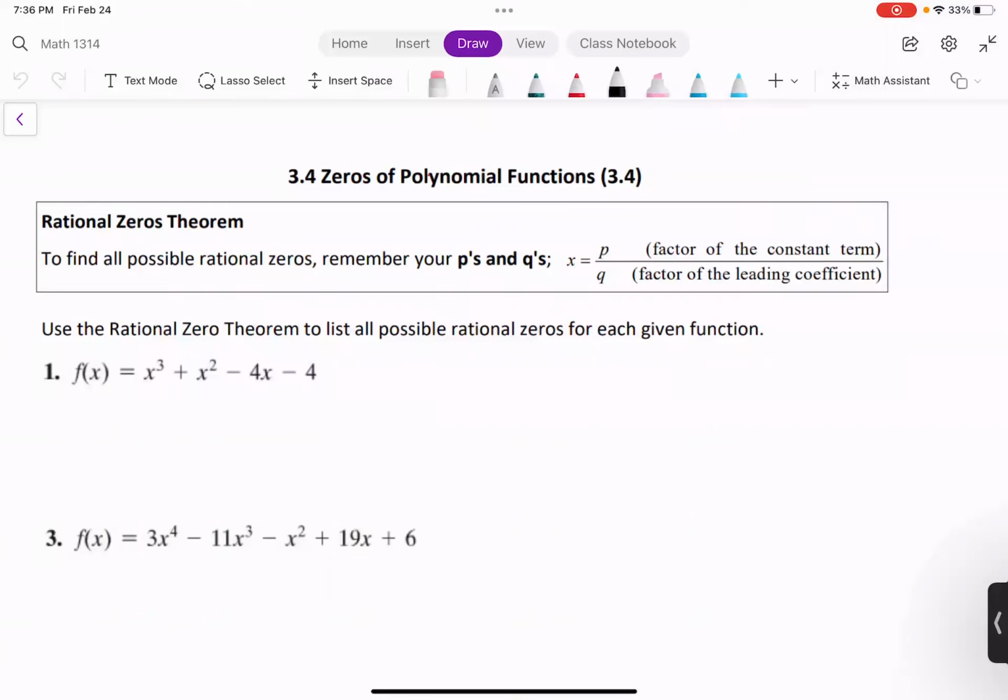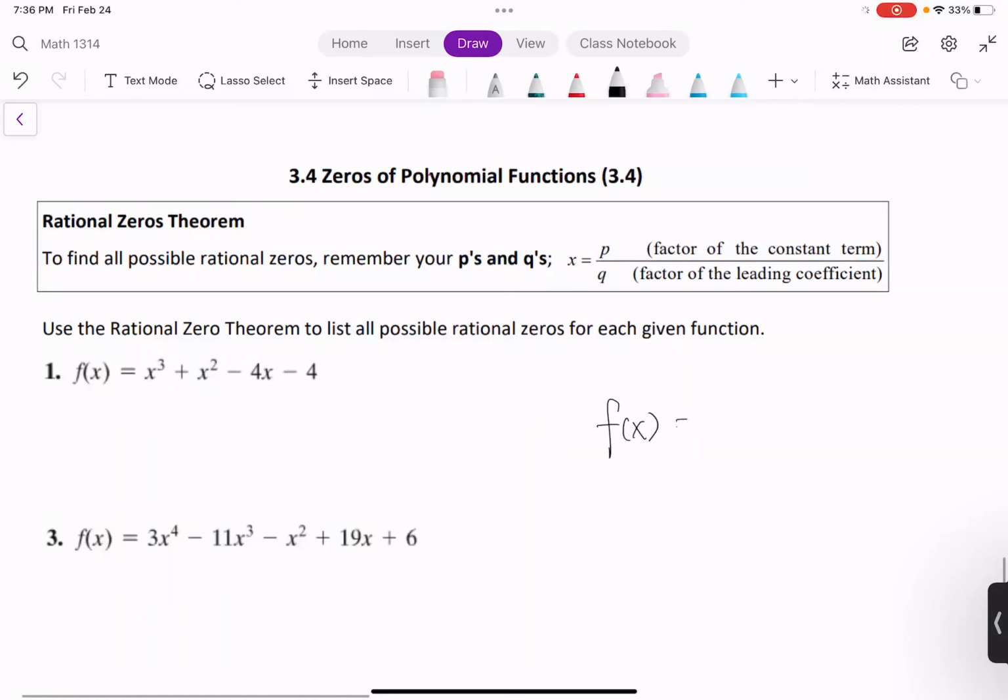So in 3.3 we learned that if I have a polynomial function f of x, and it provides us one zero, for example x equals a question mark, then we can list all the coefficients, put the question mark, and find the quotient. So f of x equals the quotient multiplied by x minus this question mark.